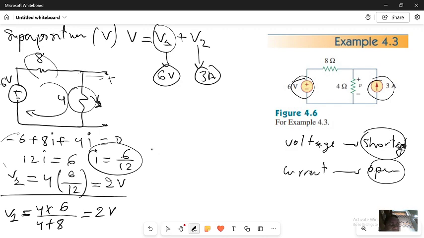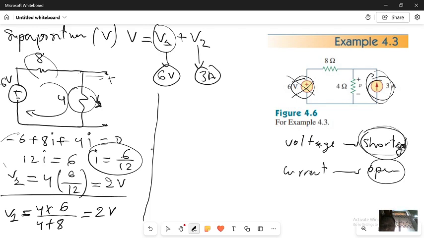Now I already determined V1. Now let me determine V2. V2 is the voltage contributed by this source only, meaning that this one is going to be off. Since it is a voltage source, to be off it is going to be shorted.